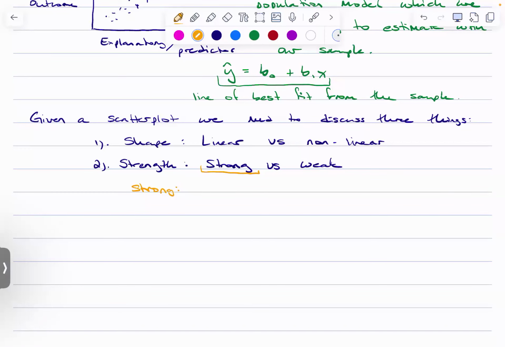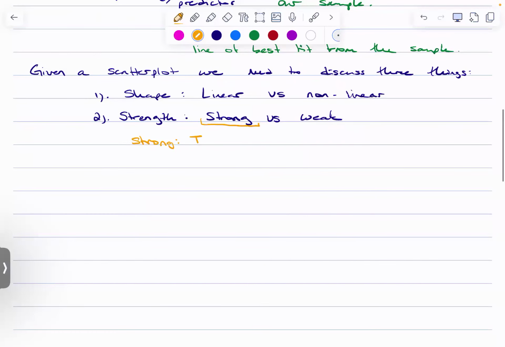But if you can see a pattern, it is considered strong.